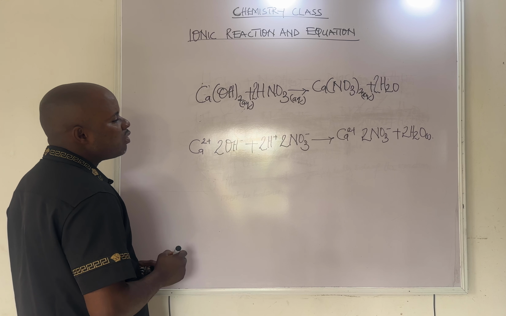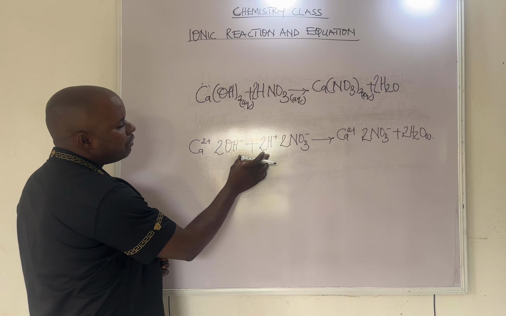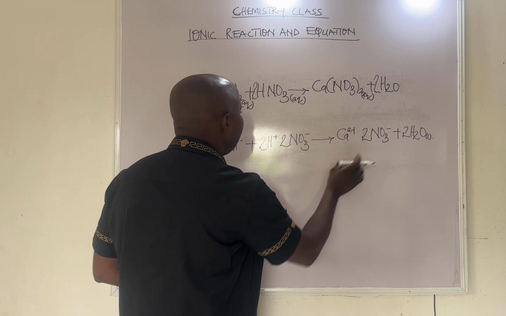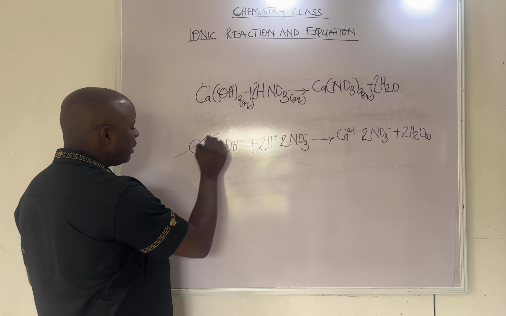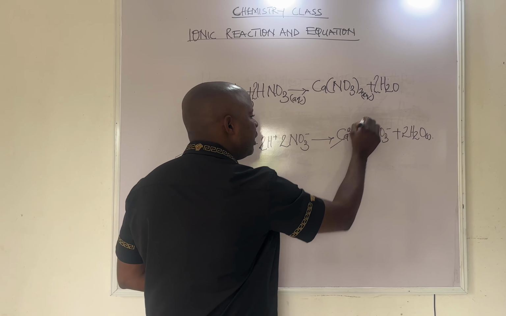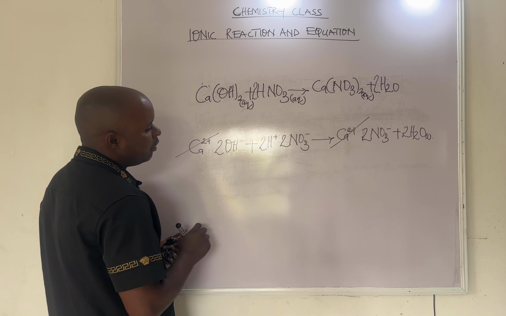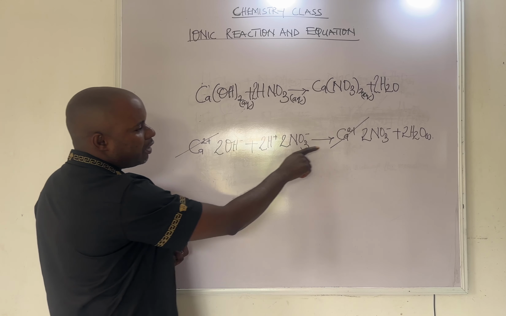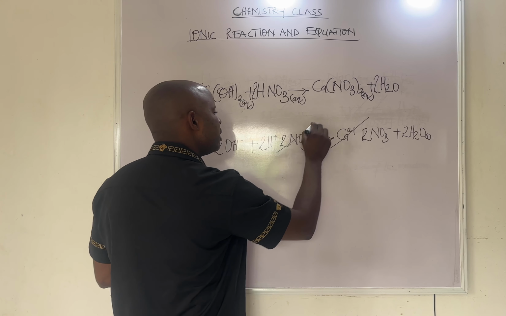Now we cancel out whatever ion found here that is the same as here. Calcium is the same here and here. Let's check 2 NO3: we have 2 NO3 here, so we cancel this.